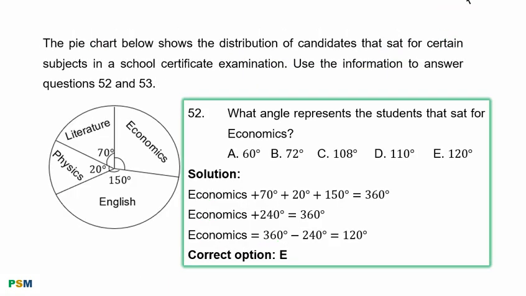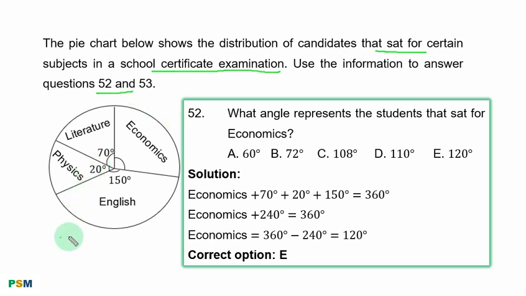The pie chart below shows the distribution of candidates that sat for certain subjects in a school certificate examination. Use the information to answer questions 52 and 53.